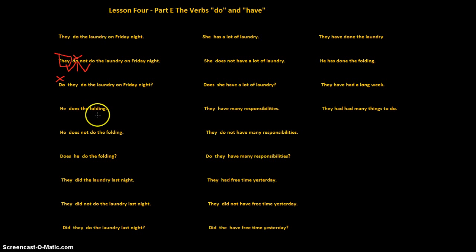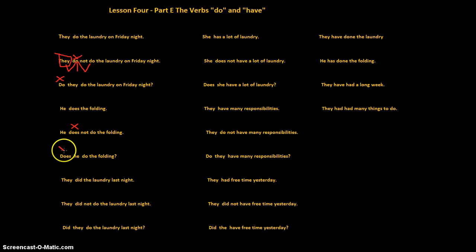He does the folding. Now, is this an X word or is it a verb? When I see does by itself, I know it's a verb because the X word does always goes together with a verb, the base form. He does the folding. Negative, he does not do the folding.